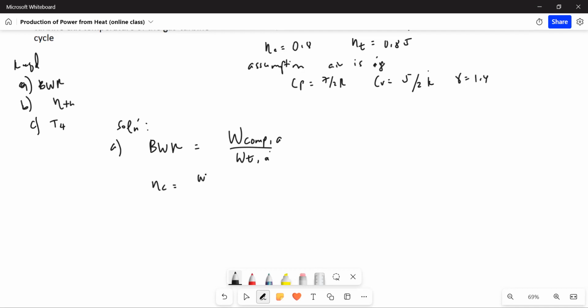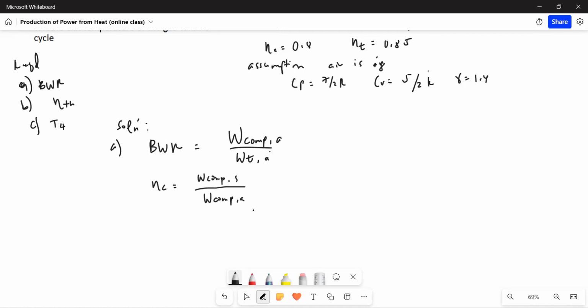Remember, for a work-requiring process, the ideal work is in the numerator, since it's smaller. So it's the work ideal, or work isentropic, over the work actual.